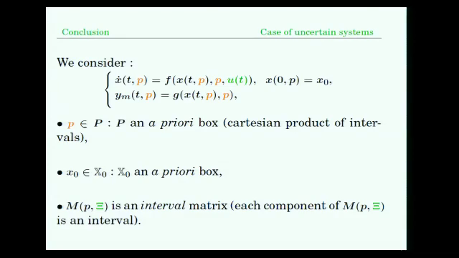And here, the initial conditions are not punctual conditions, but belong to an a priori box. In this case, for this kind of model, the Fisher matrix is not a matrix with points, but an interval matrix. An interval matrix is a matrix whose components are all intervals.